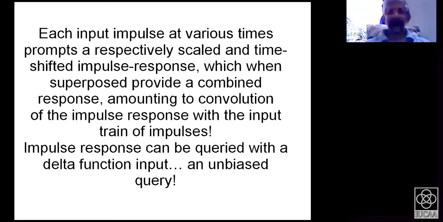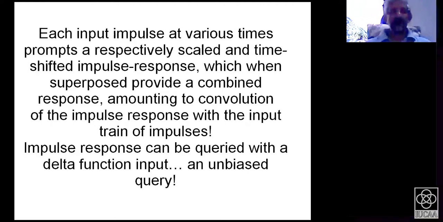That means we say, tell me your property, and I'm asking this question. It's not a colored question, it's not a leading question. It's a question which ensures that the spectral density is the same in the question. That means there's no color to the question. And so whatever response we get can be completely attributed to the system property. And that's why impulse responses have the importance that they have.